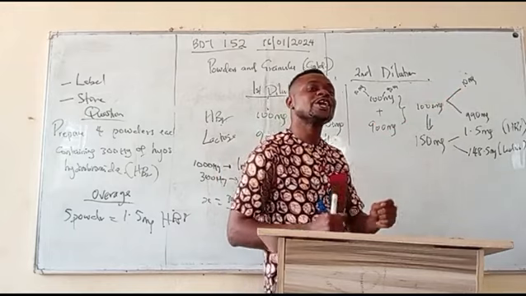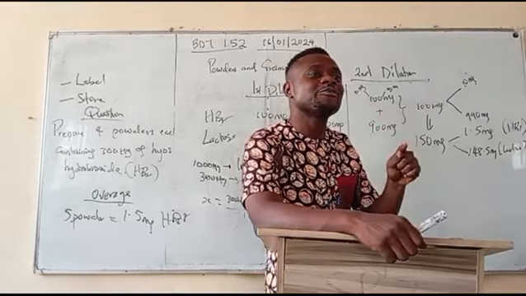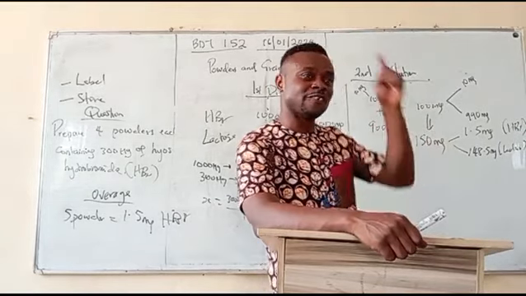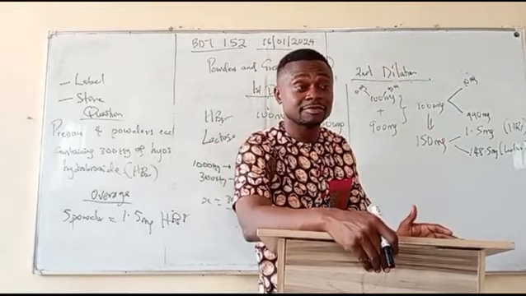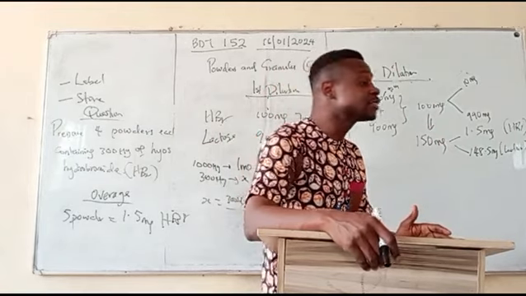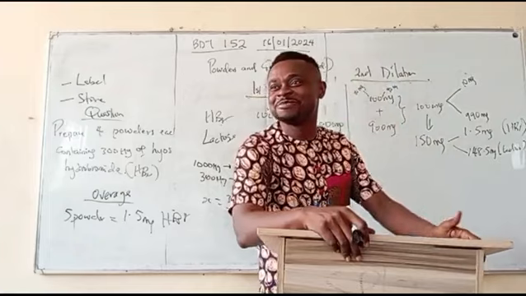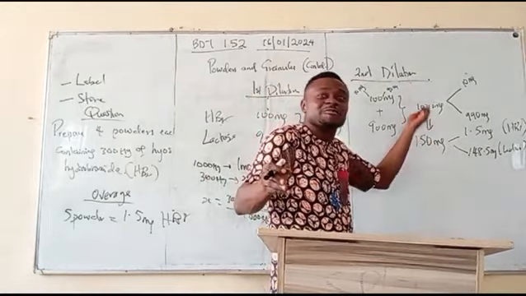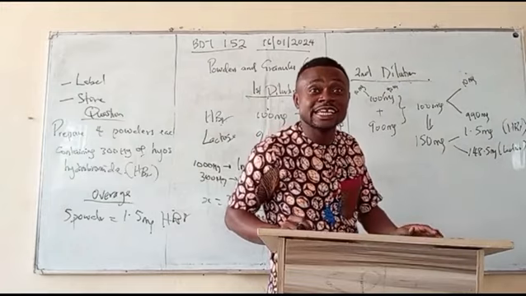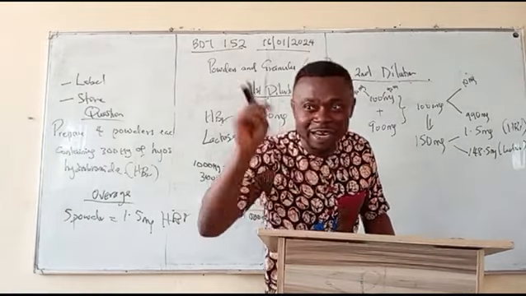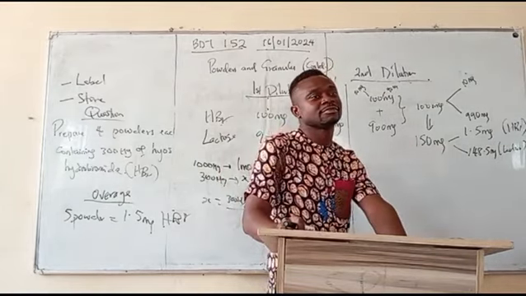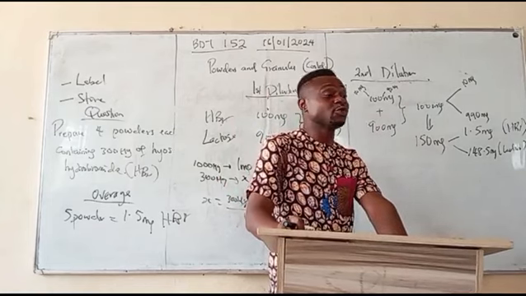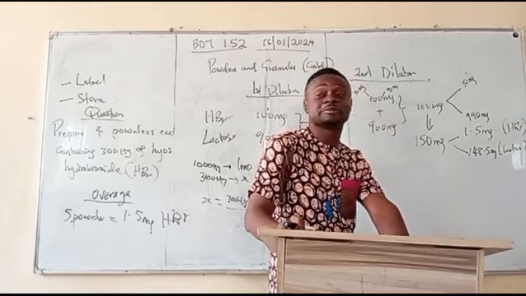So if 100 milligram will contain 1 milligram, how many milligram will contain 7.5 milligram? Calculate it now. 750 milligram. So just simply weigh 750 from here. It will contain 7.5 milligram.